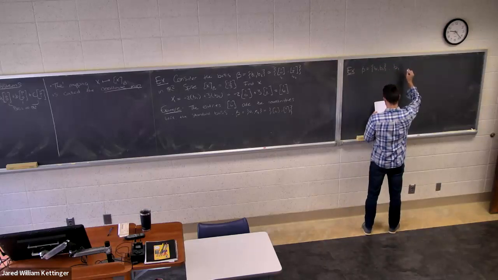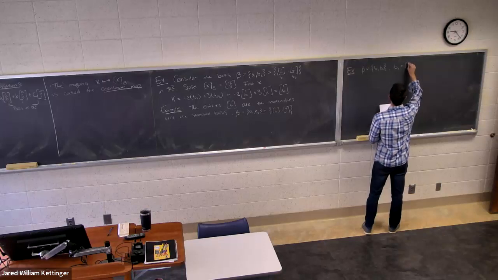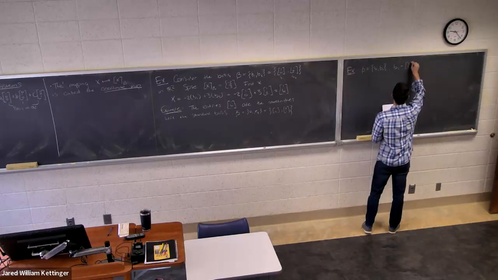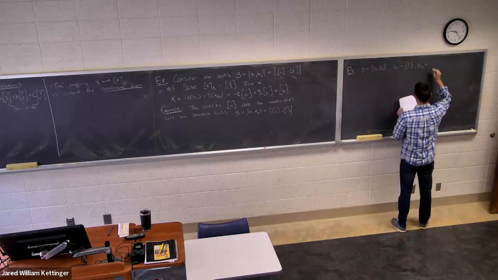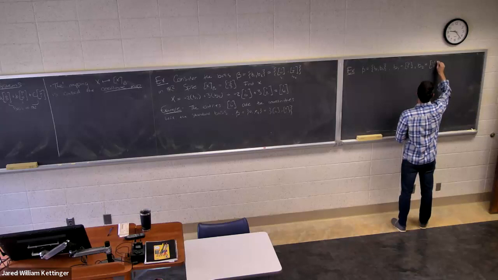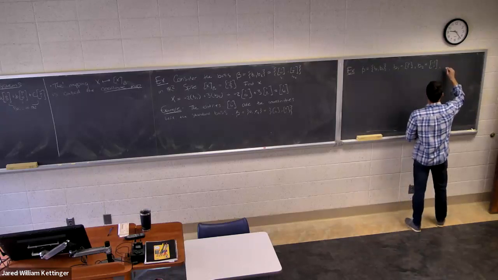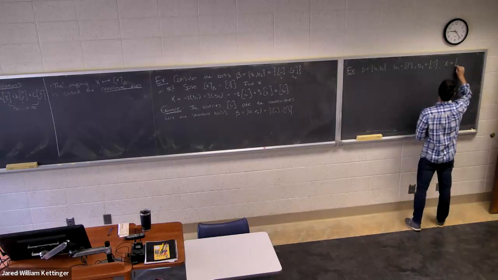And we're going to let v1 be (2, 1), v2 be (-1, 1). And then we're going to let the x in our vector space be the vector (4, 5).